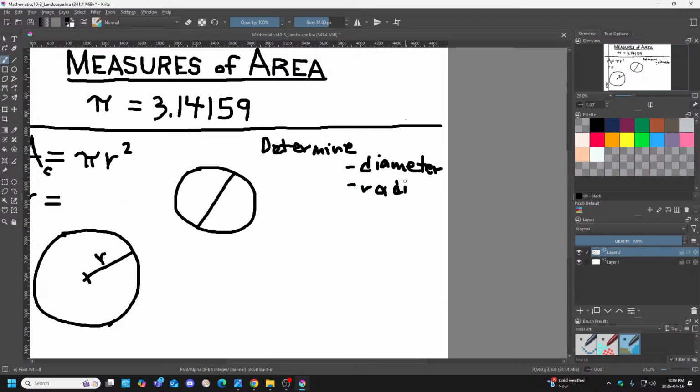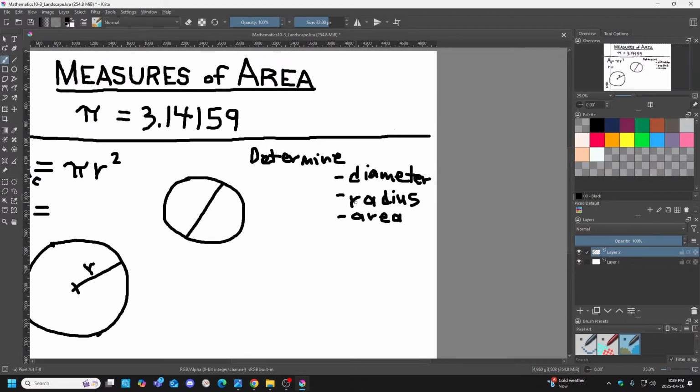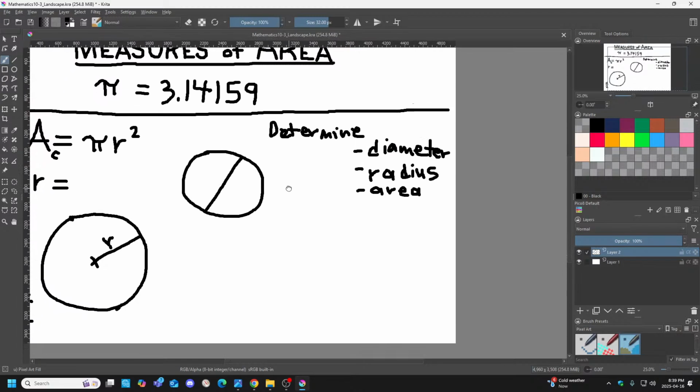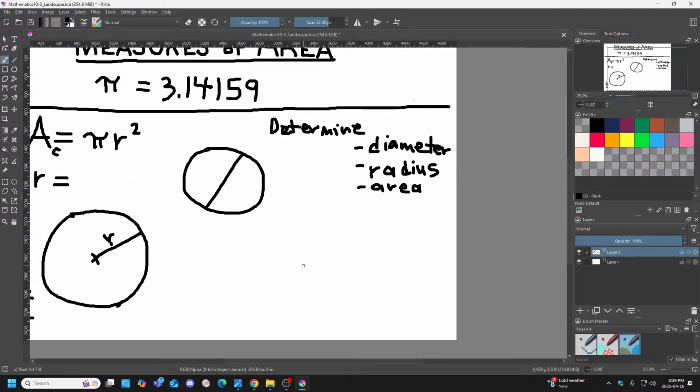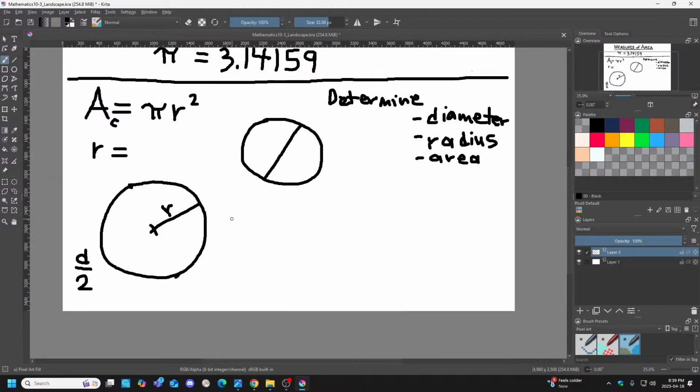This would be a lot faster and probably more legible. So you're not always going to have both diameter and radius.